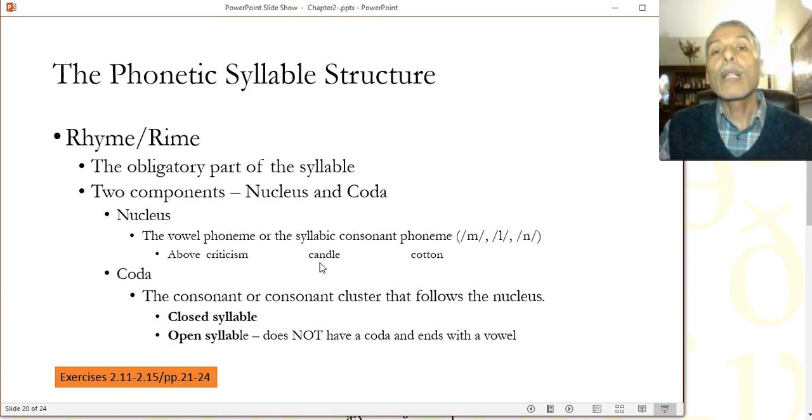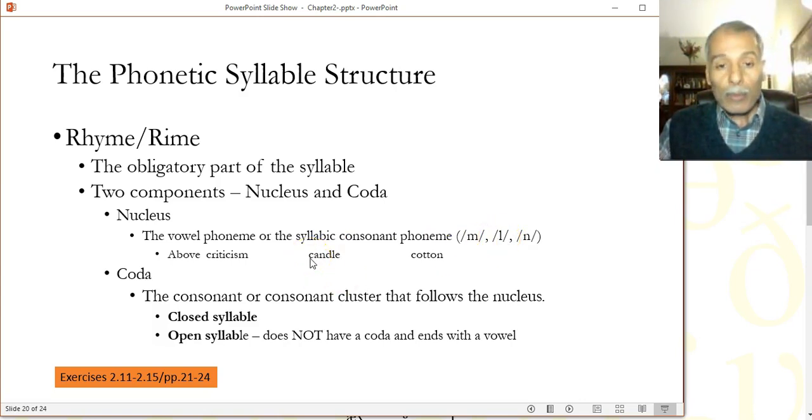Candle. So the d, l at the end, that is going to give us one syllable by itself. So can is one syllable, dl is another, and even though there is no vowel in between the d and the l, the l is going to serve as a nucleus of the word candle.